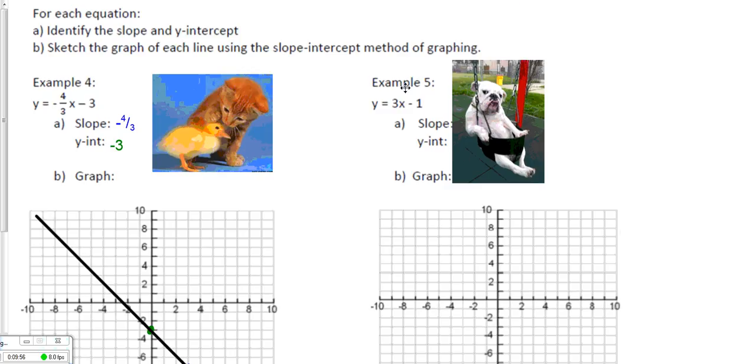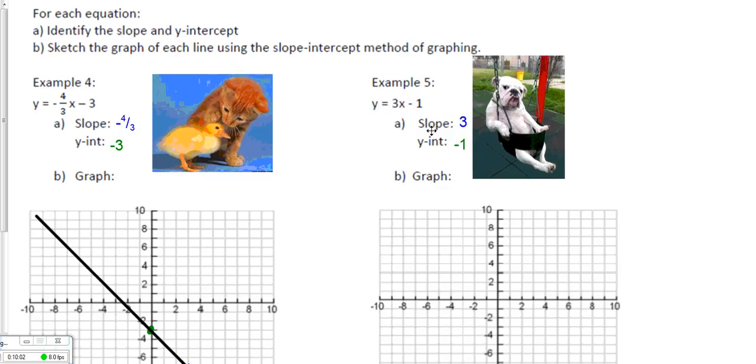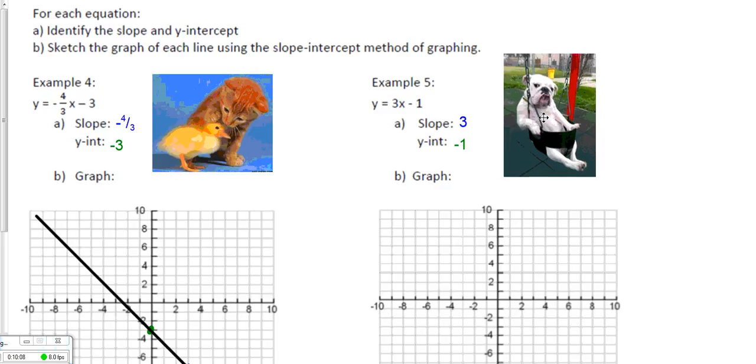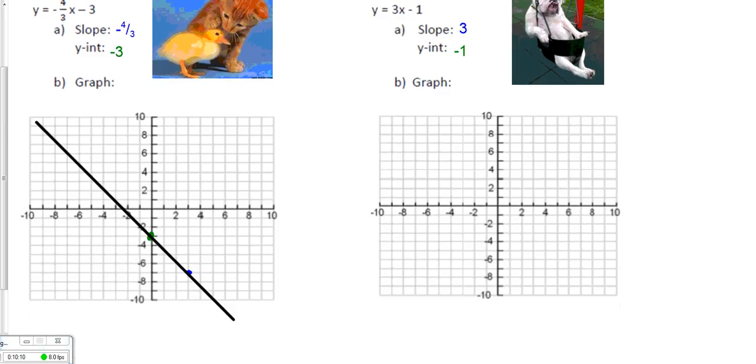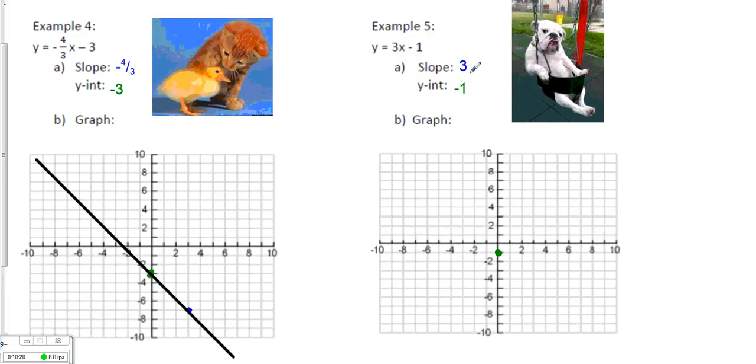On to example 5. We have y equals 3x minus 1. Again, the slope is in front of x, so it's 3. The y-intercept is behind it, our b value. Because it's minus 1, we call it negative 1. So using our slope and y-intercept, negative 1 tells us to go right here. Positive 3 tells us, if it helps, let's convert it.